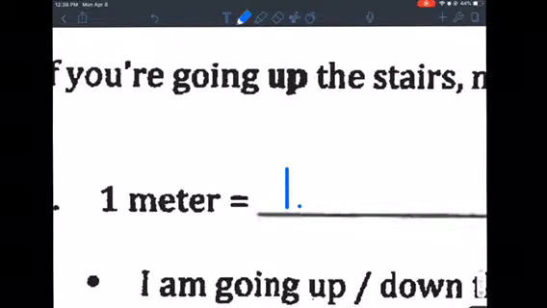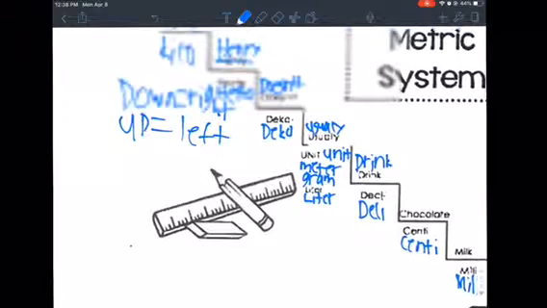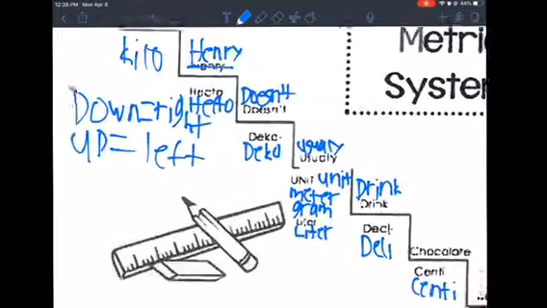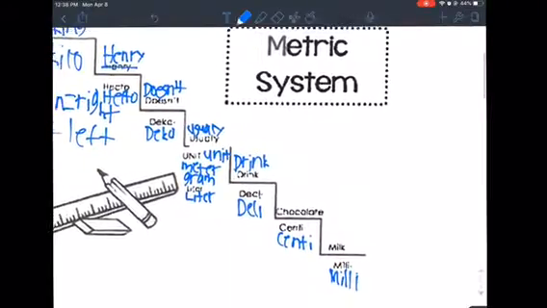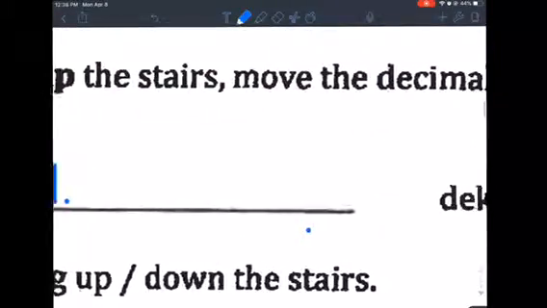So someone raise your hand and tell me, meter is where on the steps? Where is it on the staircase? Alicia. It's right in the middle, right? It's the basic unit. Meters, liters, grams are your basic unit. So, Alicia, I'm going from the basic unit to what?